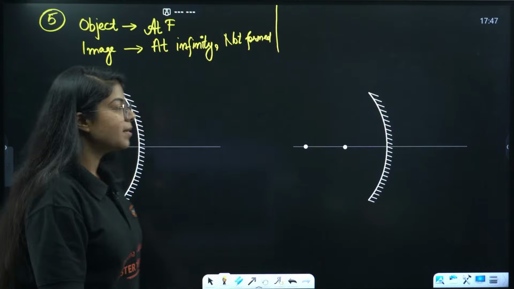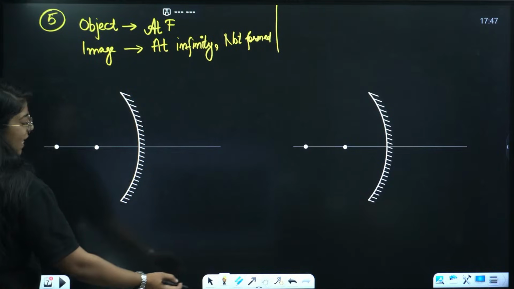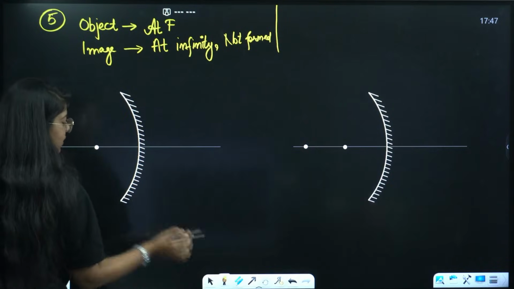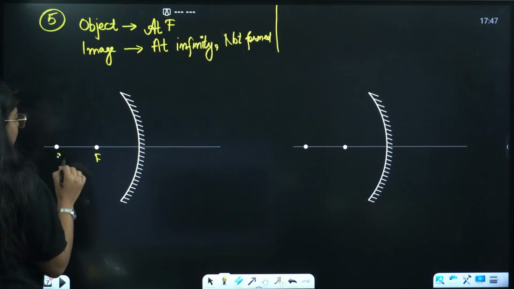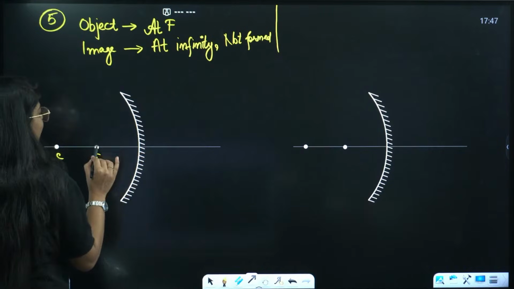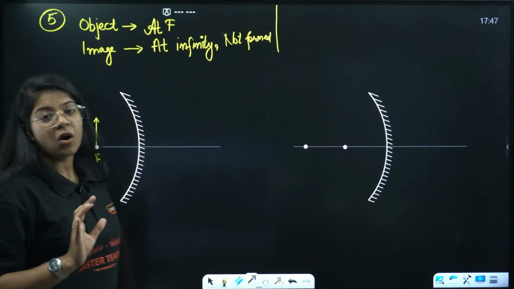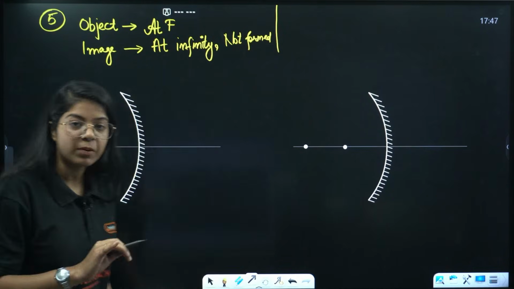चलो कैसे बनाना है now. The object is at focus. The object is, see, this is my focus, this is my center of curvature, and the object is at focus. Done. So the first ray always goes parallel to the principal axis.